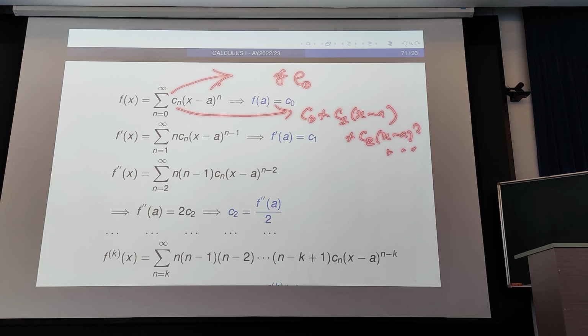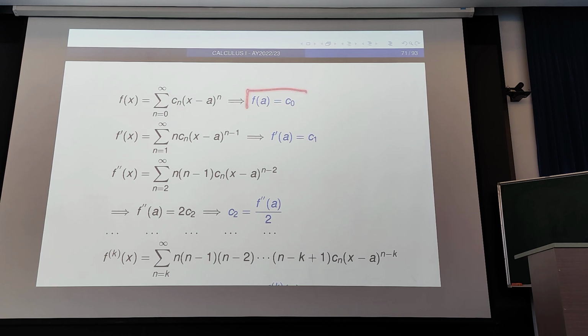And when you substitute x = a, only this term is left. That means we have f(a) equal to c0. You agree? Okay, so we find the formula for c0.